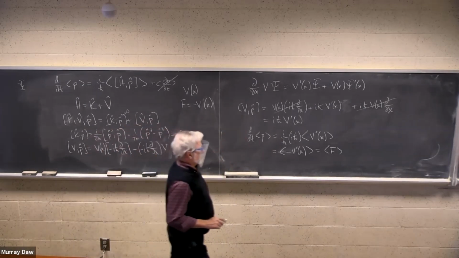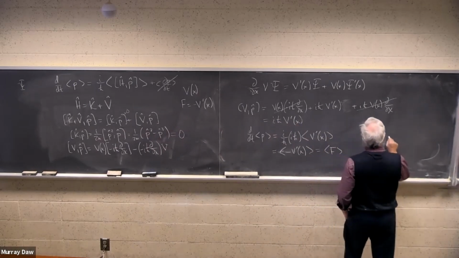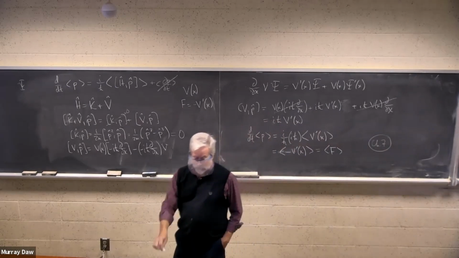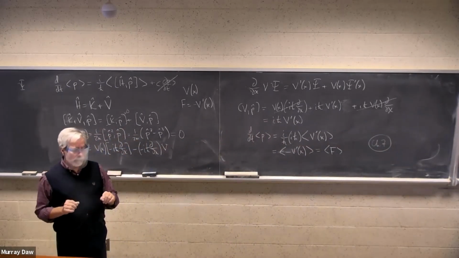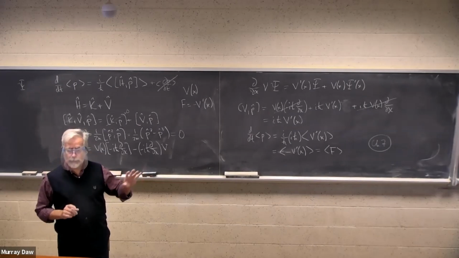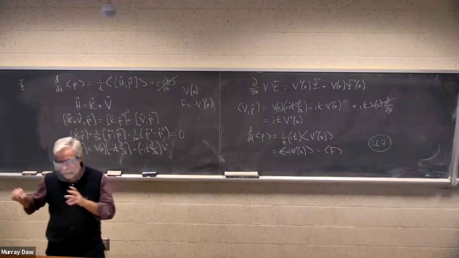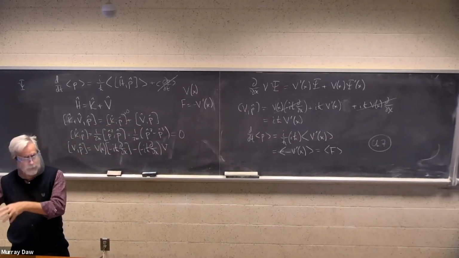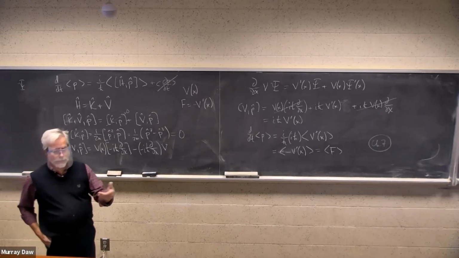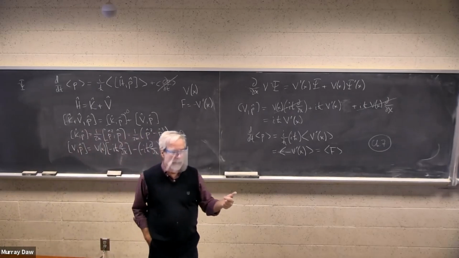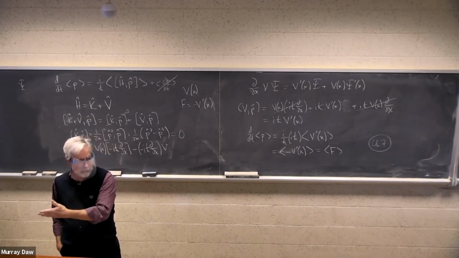That's the subject of, I think it's chapter 7, which we'll cover next semester. But the gist of it is the following. You always have to remember that in quantum mechanics you're doing ensemble averages, which means that you have to compare to classical systems also done in ensembles. We're used to doing classical systems one at a time. But to make a comparison, you have to compare apples to apples.